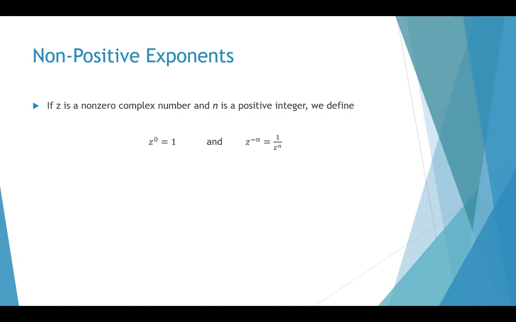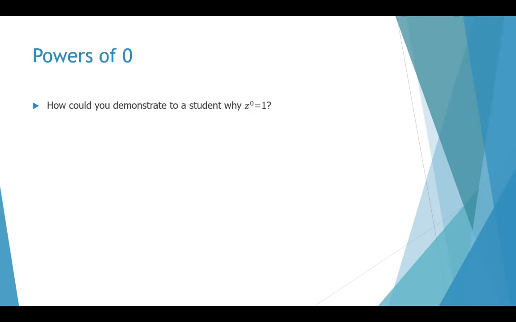And students often wonder about this. I get this all the time, not just in algebra classes but in college mathematics classes. They struggle with this. How could you demonstrate to a student why z to the power of 0 is equal to 1? Consider how you might do that.